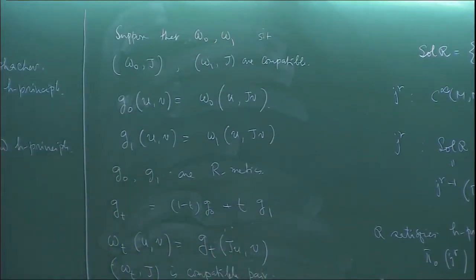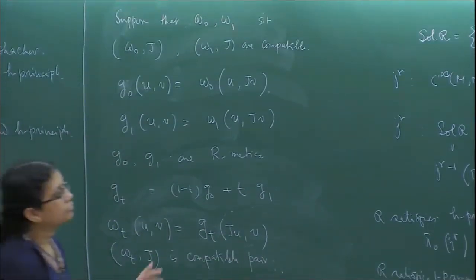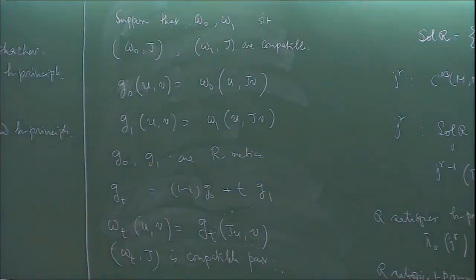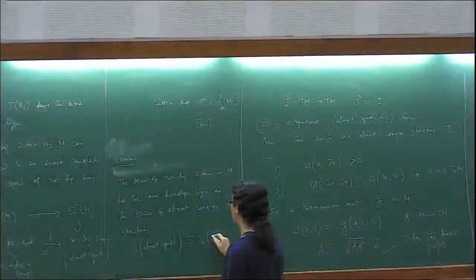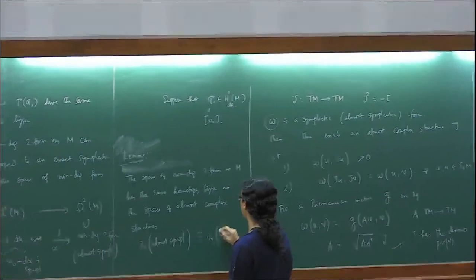Okay. So what does that mean? What we have verified is this, that we wanted to show that the space of non-degenerate two forms has the same homotopy type as the space of almost complex structures. What we have shown is basically that there is a bijection at the pi 0 level between these two.